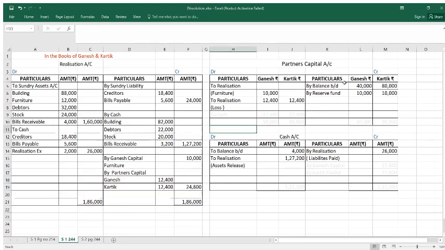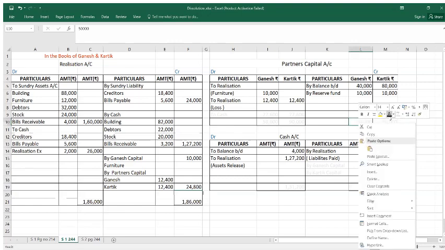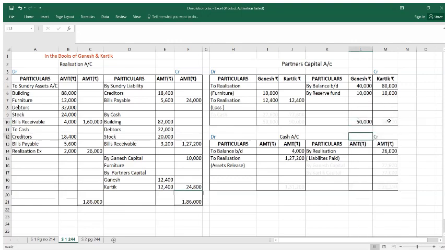Now we're going to close the partners capital account. So the credit of partners Ganesh is 50,000 and Karthik is 90,000. So here the balance will be to the debit side. We're going to close the partners capital with the help of cash.